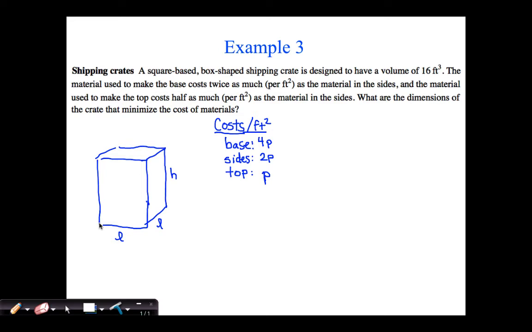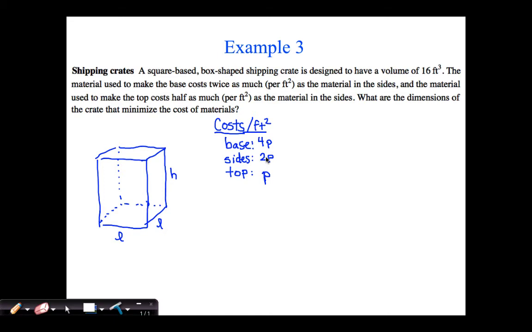Now in terms of pricing this out, let's see if I can draw this. I just wrote down some letters, L for the base, and so it's a square, L by L, and H for the height, the distance to the other square base.